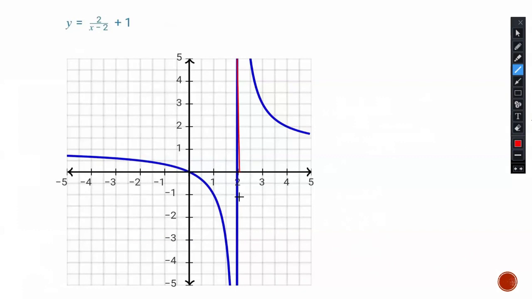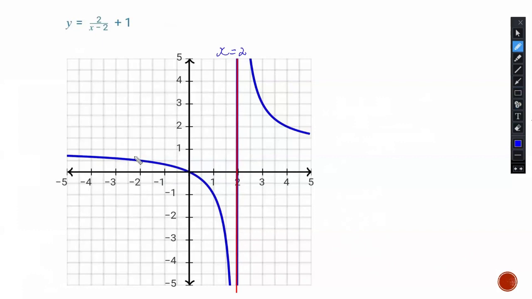The vertical asymptote is this one. As you can see, it passes through positive 2, right? Remember, we gave the equation as x is equal to 2. So that means it must pass through the x-axis and cross 2, right? So x is equal to 2. The other one was y is equal to 1.